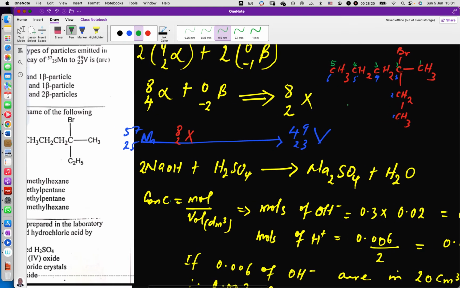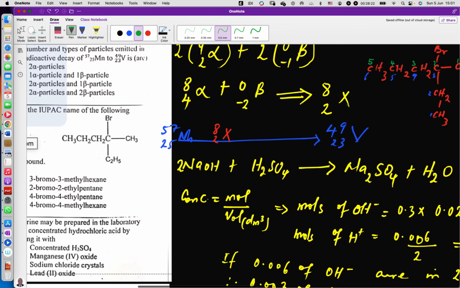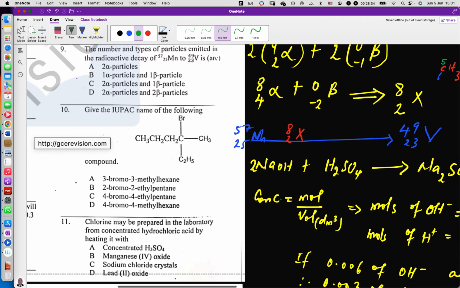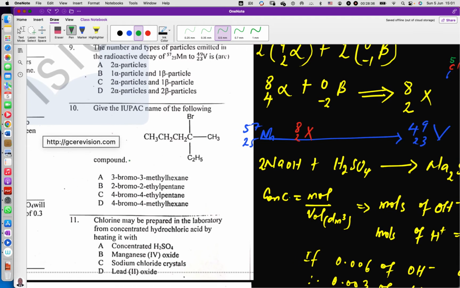Our answer is A. Question number 10, our answer is A, 3 bromo, 3 methyl hexane. That will be our answer.